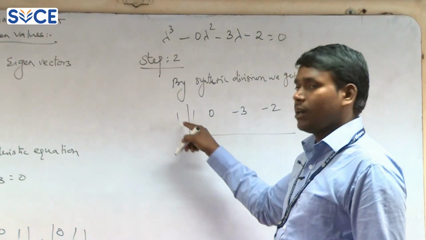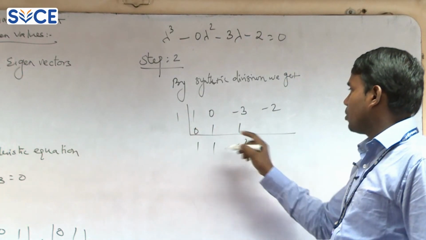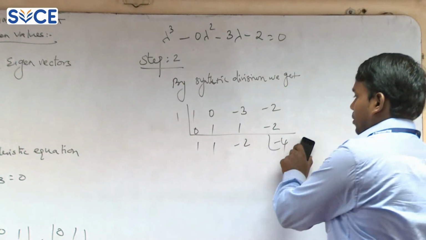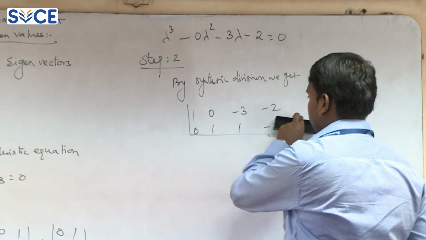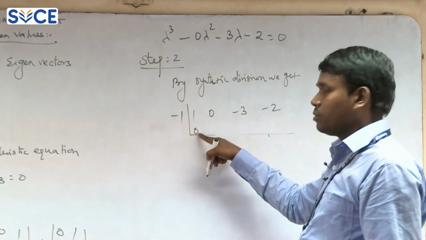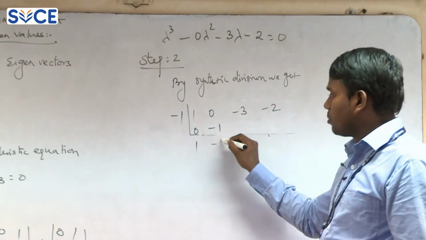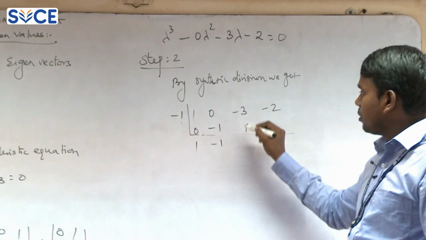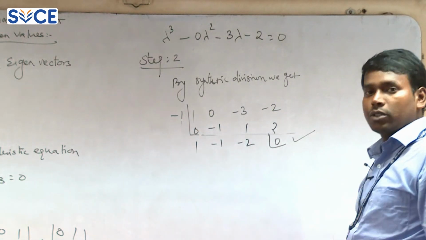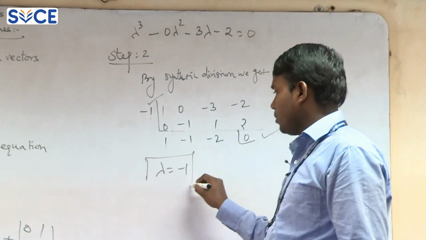So, 1, multiplication 1, adding 1, one again 1, so minus 2, multiplication, this becomes minus 4. So, it is wrong. Next I am going to check with minus 1. So, 1, 0, minus 1, multiplication minus 1, adding minus 1, multiplication 1, adding minus 2, multiplication 2, that is right, satisfied. So, the first eigenvalue is lambda equal to minus 1.